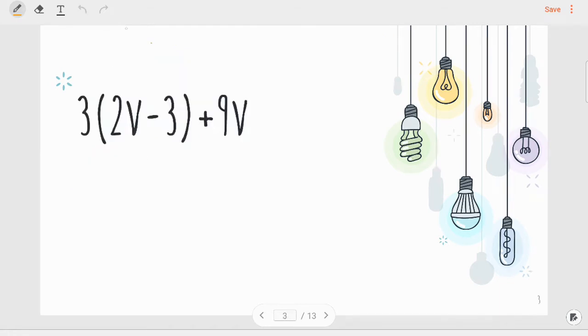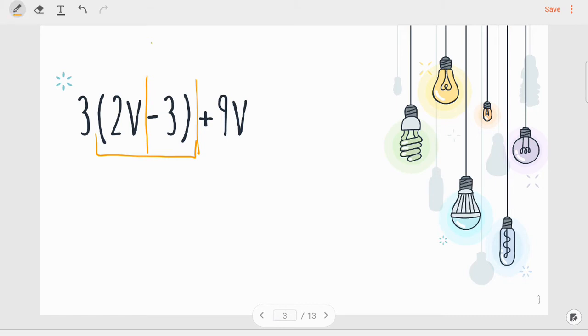Now, if I look at this example, I can see that I have some parentheses right here. Because of those parentheses, I can't separate out my terms by drawing these lines, because I can't combine something that's inside parentheses with something that's outside parentheses.